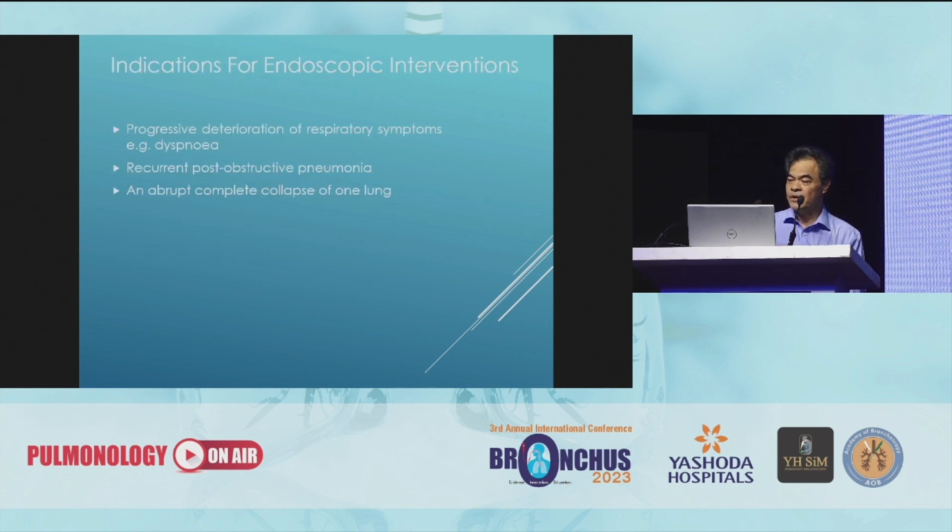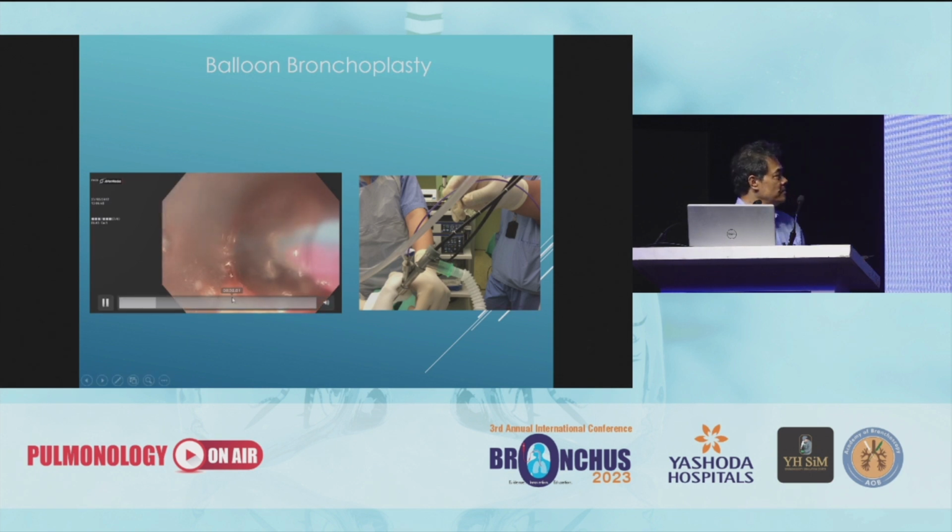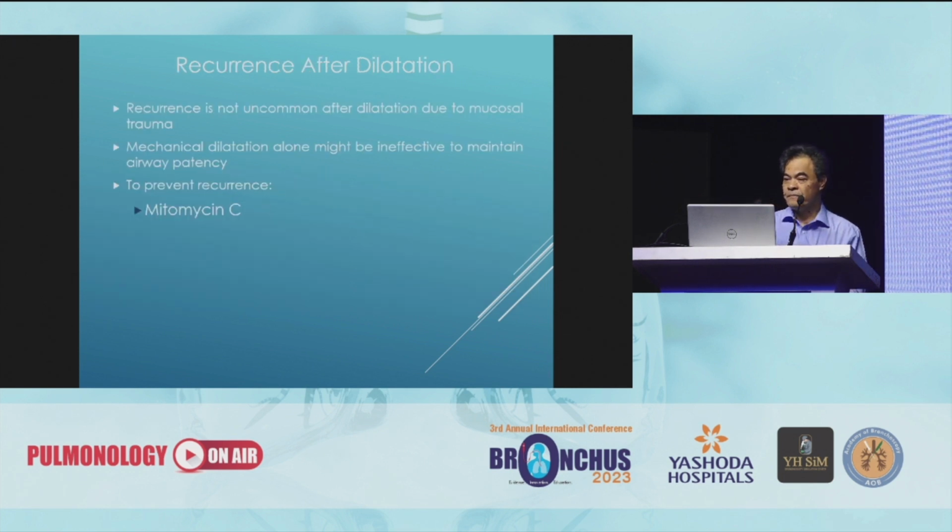The indications for endoscopic intervention are progressive symptoms, recurrent post-obstructive pneumonia, and abrupt collapse of one lung. Just to illustrate the point, everyone is familiar with the procedure, balloon bronchoplasty under general anesthesia via rigid bronchoscopy. But then recurrence happened.